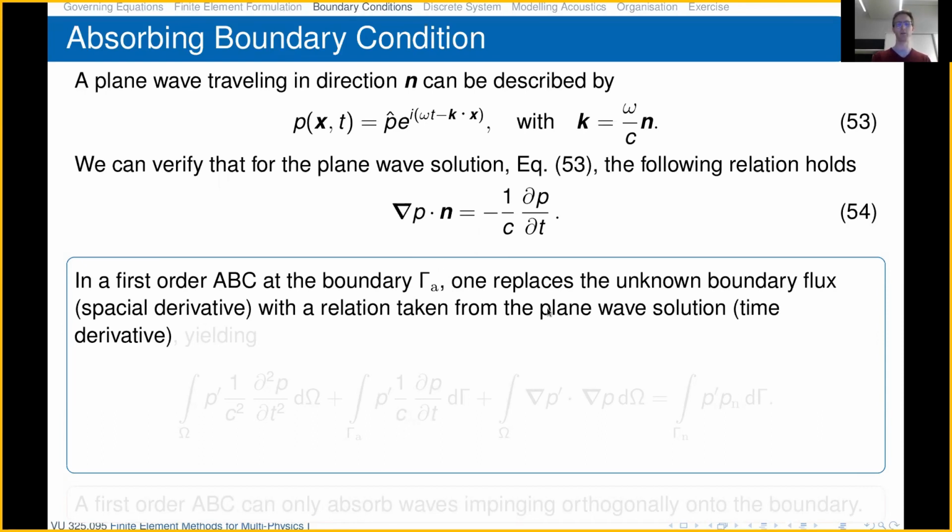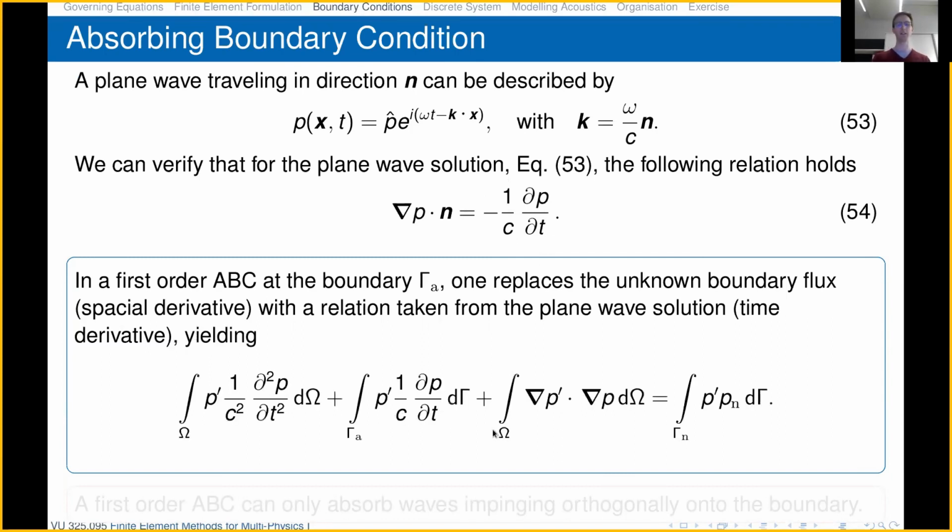So what we do is we replace the unknown boundary flux, so the gradient p in n term that we always have in our boundary term, by the relation taken from the plane wave solution, which is 1 over c times the time derivative of p. And if we simply insert this in our weak form, we obtain another bilinear form at the boundary.